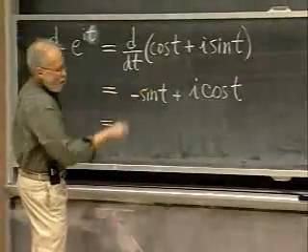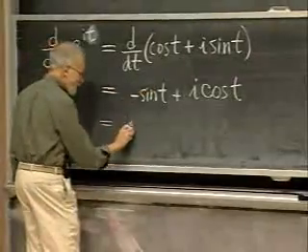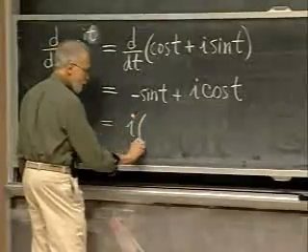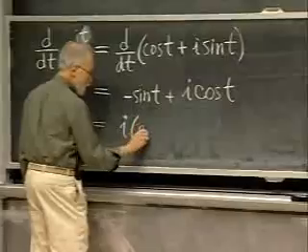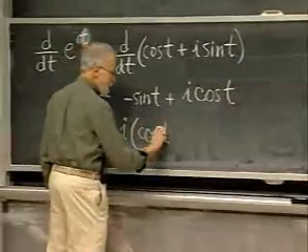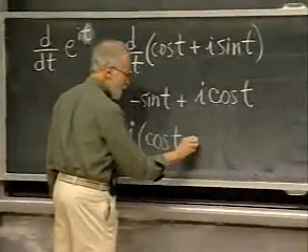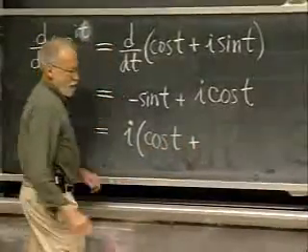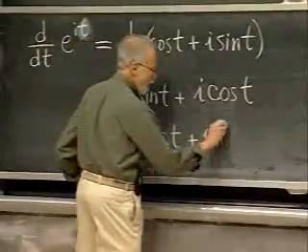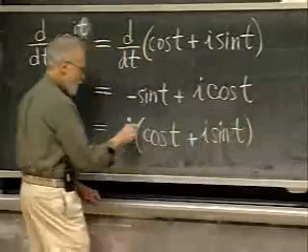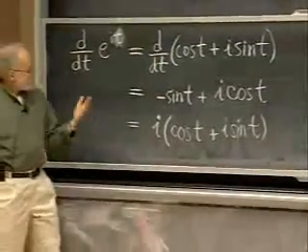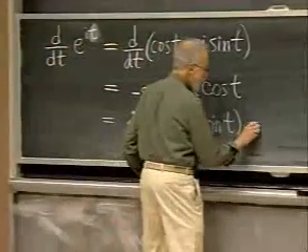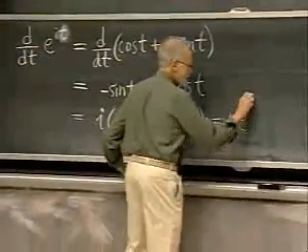If I factor out the i, what do I get? Well, now the real part of what's left will be cosine t. And how about the imaginary part? It will be i sine t, because i times i gives me that negative 1. And what's that? e to the it. i times e to the it.